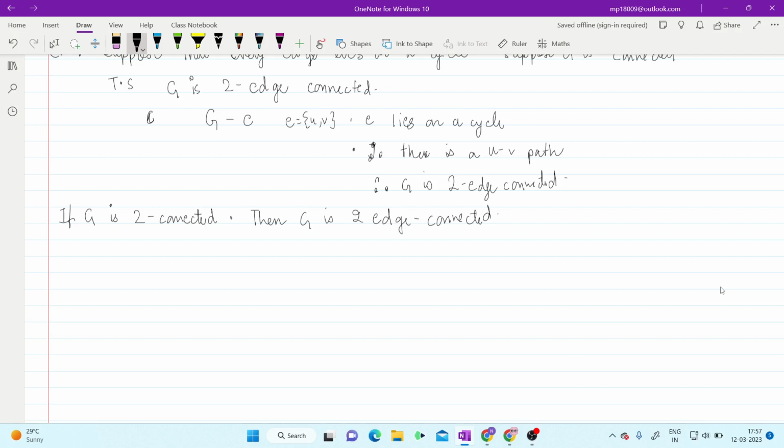So basically you have to show that removal of an edge does not make this graph disconnected. Suppose we start with e equal to uv. We have to show that G minus uv is connected.